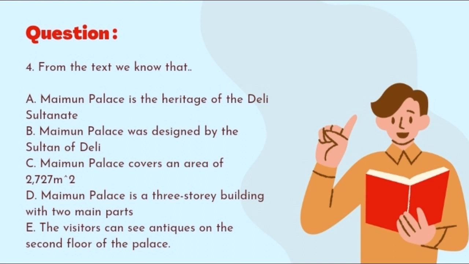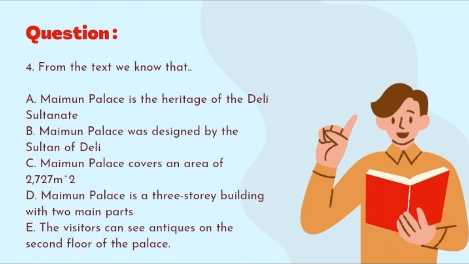The last question, number 4. From the text we know that: A. Maimun Palace is the heritage of the Delhi Sultanate. B. Maimun Palace was designed by the Sultan of Delhi. C. Maimun Palace covers an area of 2,727 meters square.